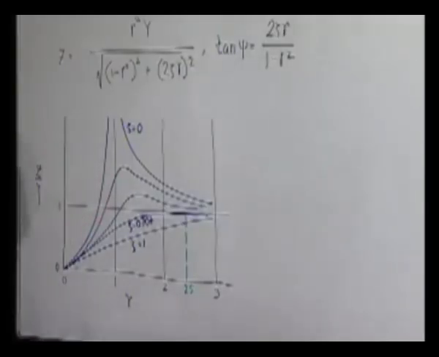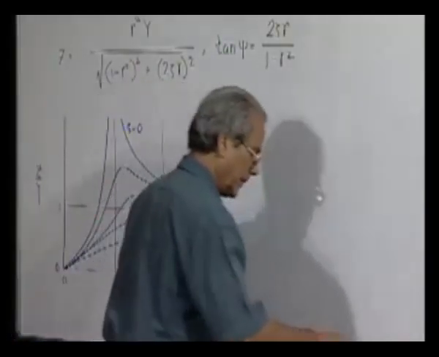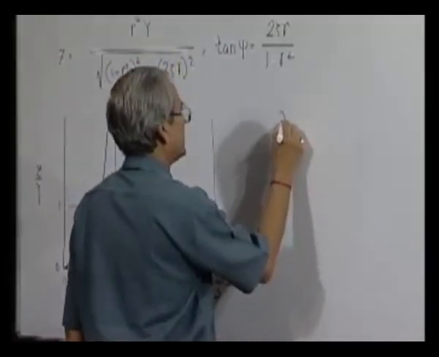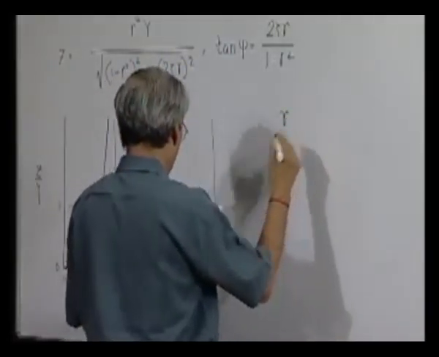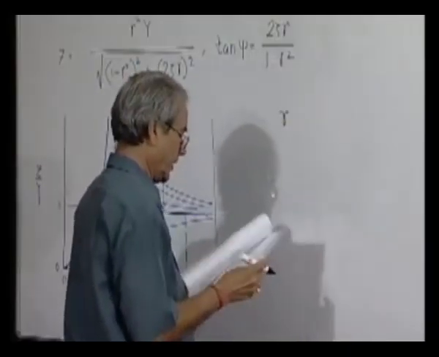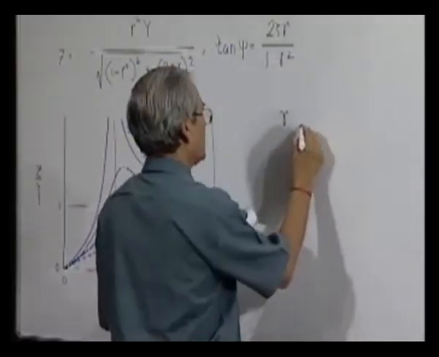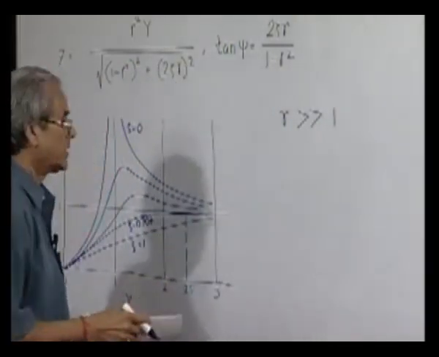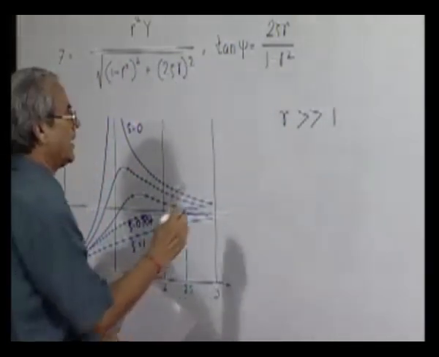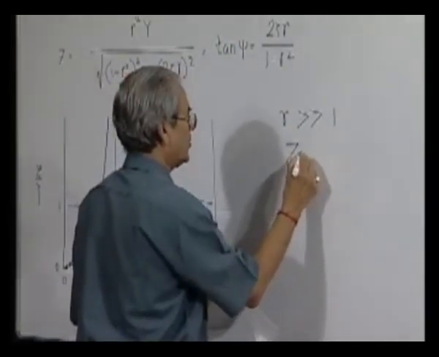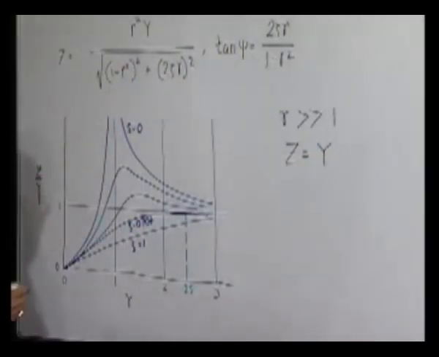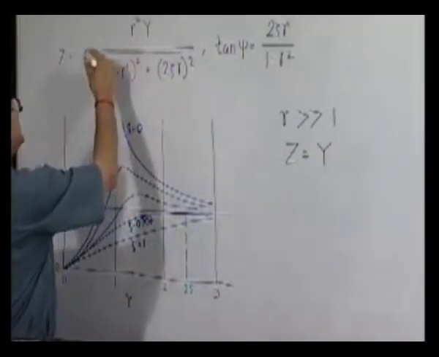But as we have seen, in this case when r is very large compared to 1, that is the case we are discussing, then z is equal to y, as you have seen from this.